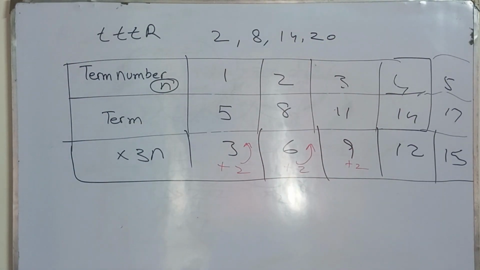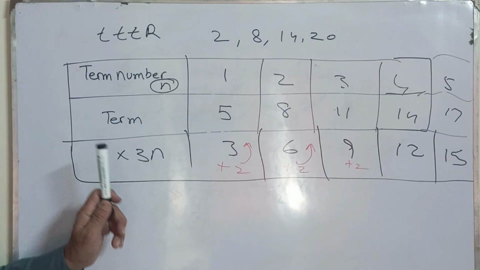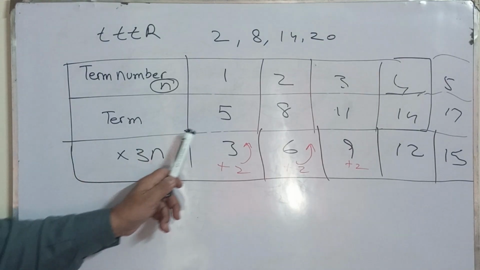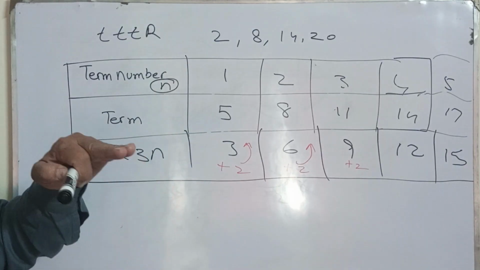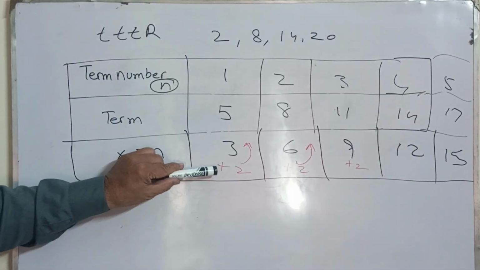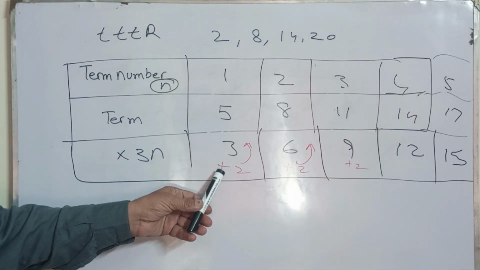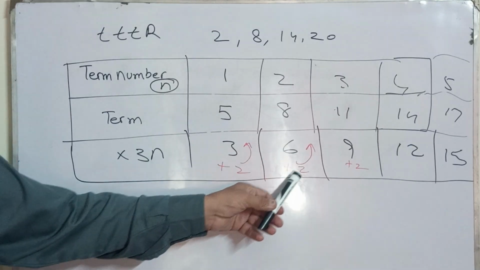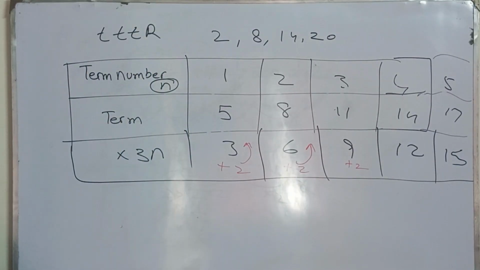That means for each term of 3n, we are adding 2: 3 plus 2 is 5, 6 plus 2 is 8, and so on and so forth. Okay. Now, what we have done is 3n plus 2.